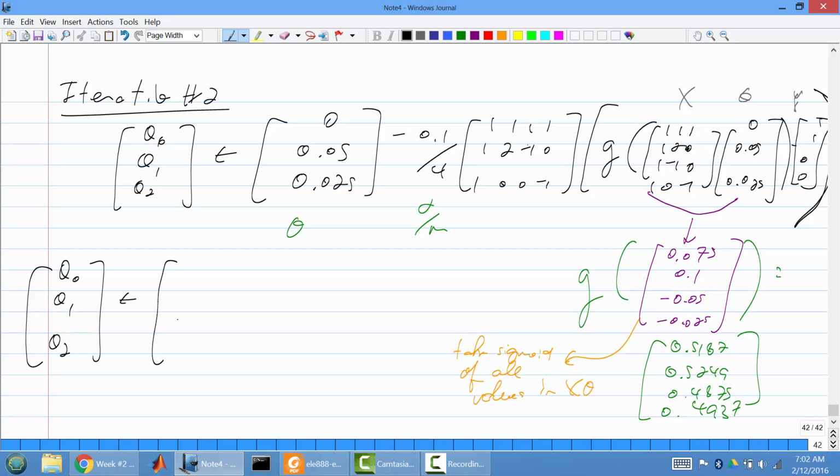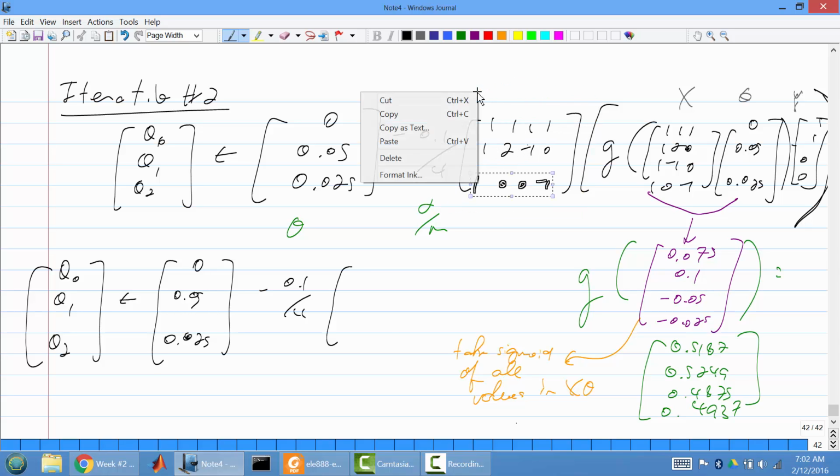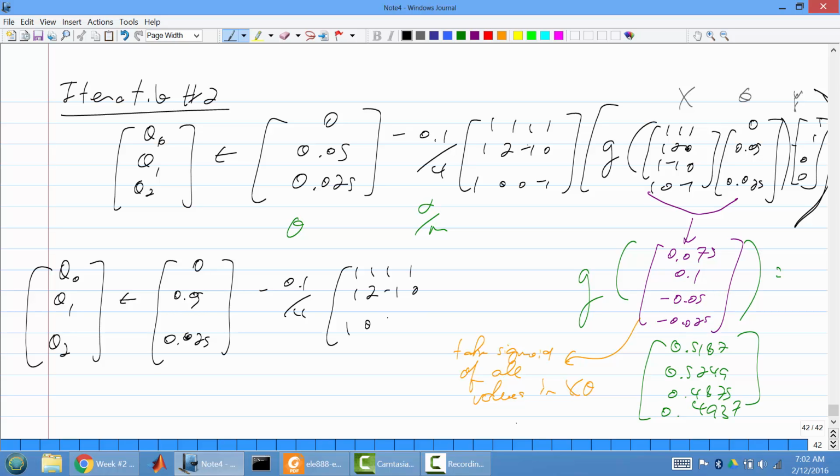So this is 0, 0.05, 0.025, minus 0.1 divided by 4. Okay, I'm going to copy this guy. X transpose. Okay, so we get 1, 1, 1, 1; 1, 2, minus 1, 0; 1, 0, 0, minus 1.